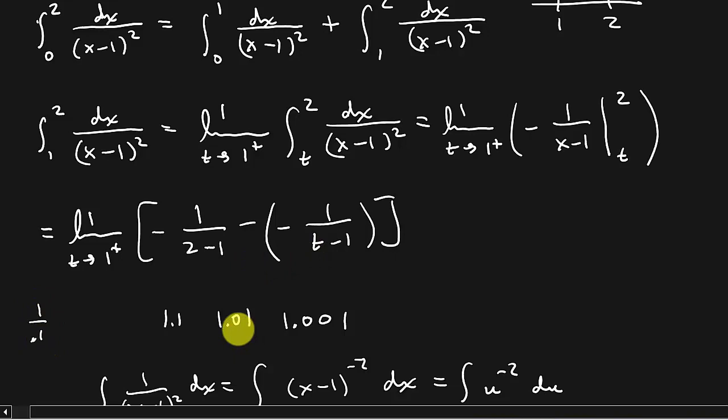This one, 1 over 0.01. This one, 1 over 0.001, and so on. The denominator is getting smaller and smaller, but the numerator stays the same, so the whole fraction is going to infinity. I'm making this a plus and a plus, so this would be going to infinity.